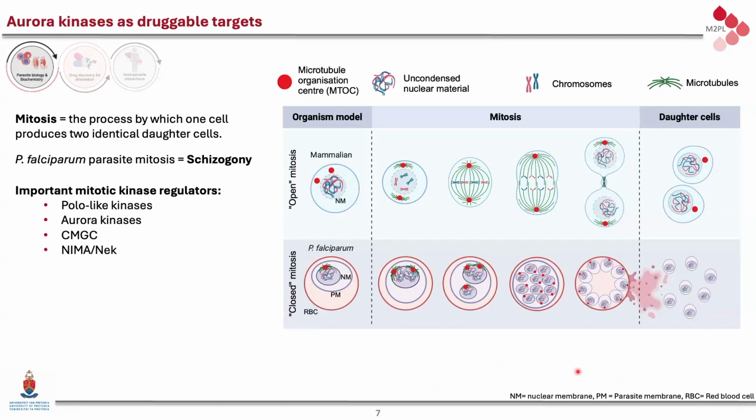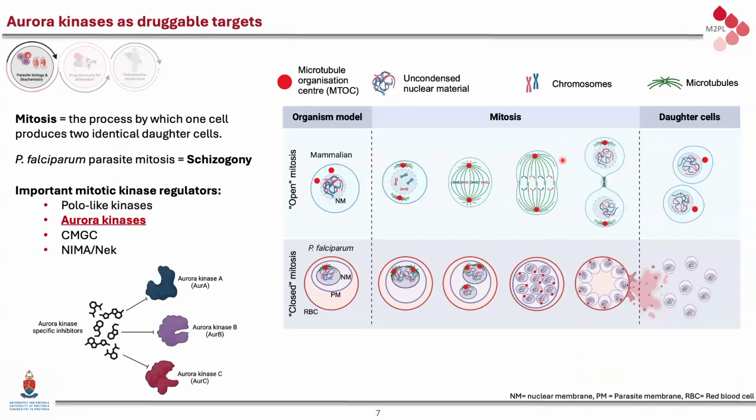This process is highly regulated by a number of proteins, but the master regulators are a variety of different protein kinase families. I will mainly be focusing on Aurora kinases. These kinases are important for multiple steps during mitosis, and if any of their functions aren't performed correctly or something goes wrong, the cells enter a cancer-like state.